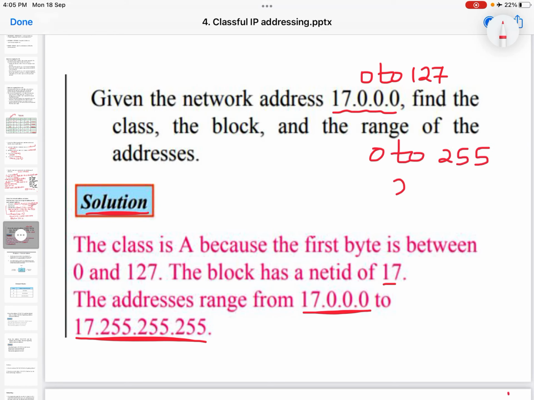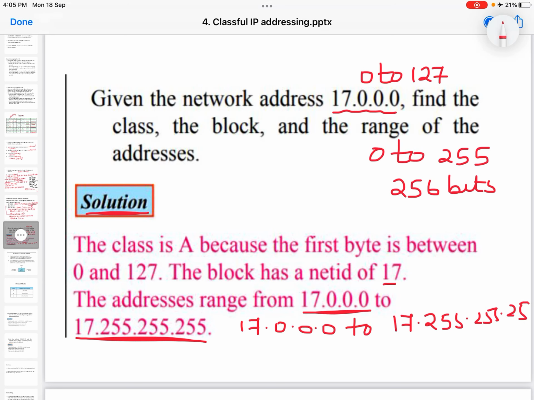So total there are 256 values. So how do we write the range? We write 17.0.0.0 to 17.255.255.255.